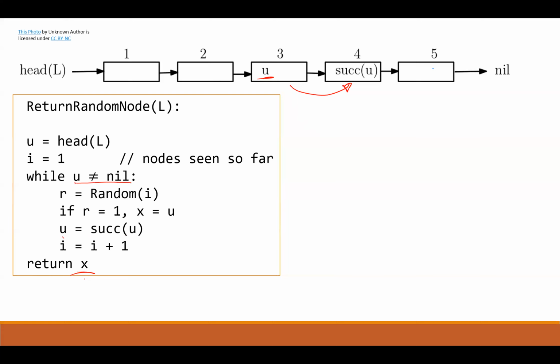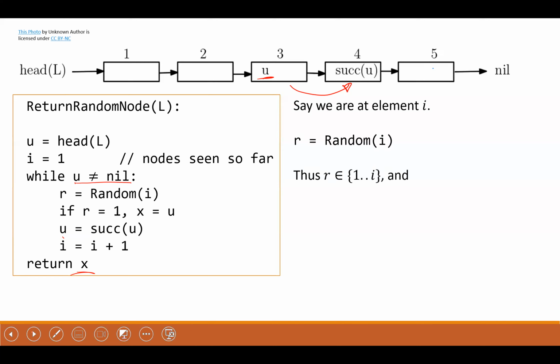We're going to go over it in more detail, but let's say we're at element I. R is equal to a random number from 1 to I. And the probability that R is equal to 1 is, of course, 1 over I. And if R is equal to 1, then we're going to throw away our old item and grab the new one and remember that one instead.